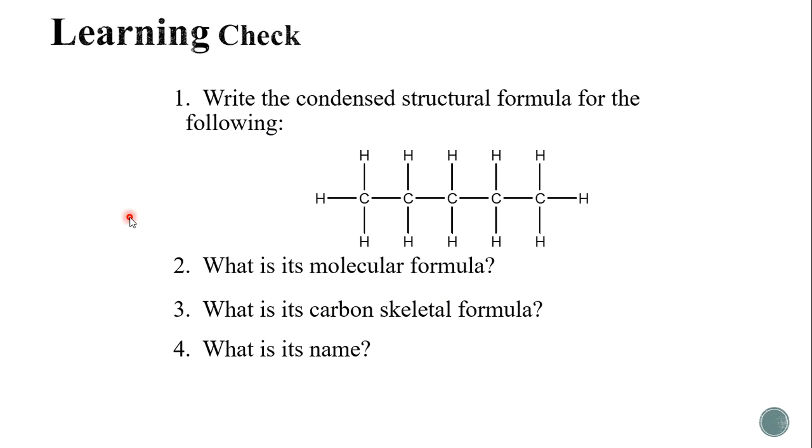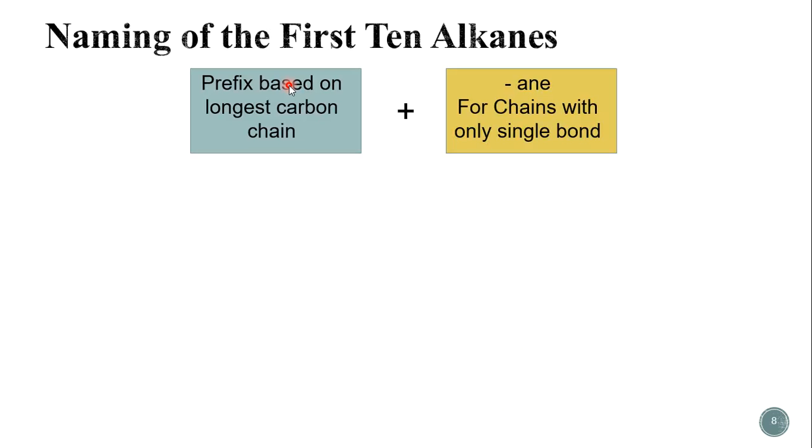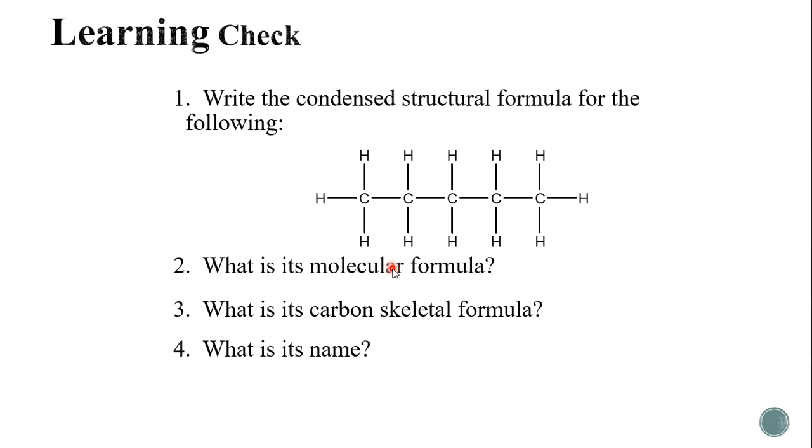So let's take a minute to do an example. I want you guys to write the condensed formula for the following. So the condensed formula is going to look something like this, bringing those hydrogens in and writing a 3 or a 2. So I want you to do the condensed formula. I want you to do the molecular formula. The molecular formula is just going to be letters and numbers.